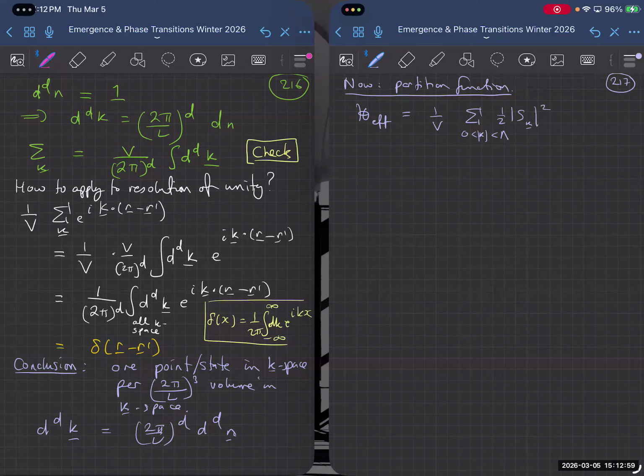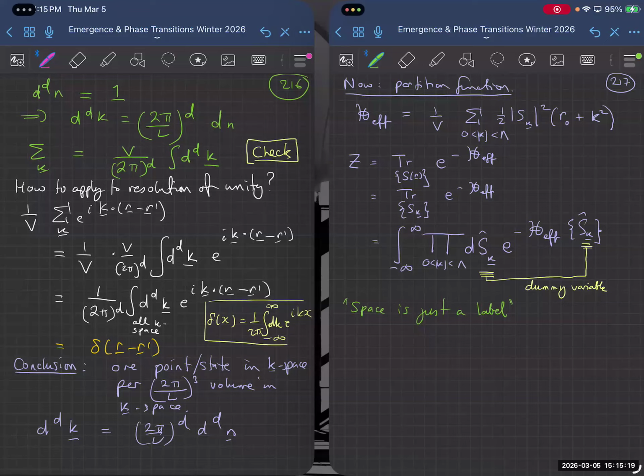The other thing is that you've heard me say this before, and I'm going to say it again. I want you to remember this. Space is just a label. Sometimes people get confused when they're doing field theory. How do we do these functional integrals with spatially extended fields and things like this? The answer is space is just a label. And so that means that K space is just a label.